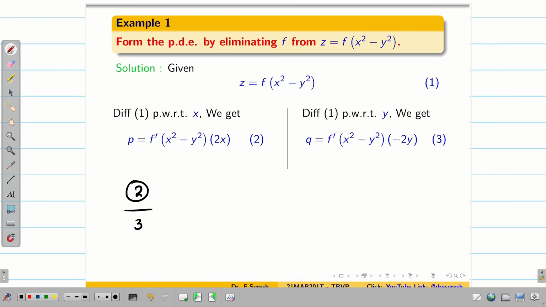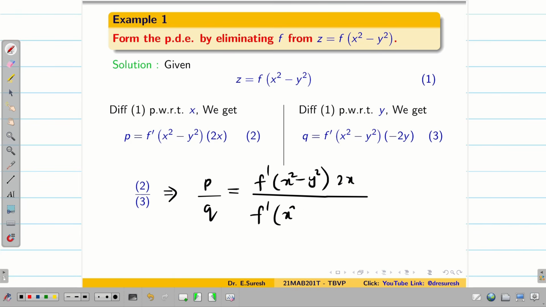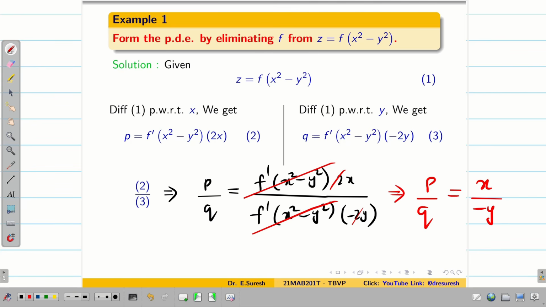Now let me divide 2 by 3. We get p by q is equal to f dash of x square minus y square into 2x divided by f dash of x square minus y square into minus 2y. Now I can cancel this function and I can cancel 2. So finally what I get, p by q is equal to x by minus y.